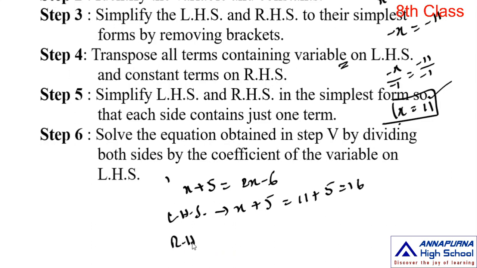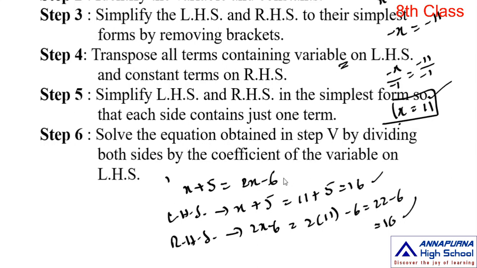And take the RHS part, 2x minus 6, substituting x equals 11: 2 into 11 minus 6, 22 minus 6, is equal to 16. Now LHS is equal to RHS, which means that at this x value, this mathematical statement is a true statement.